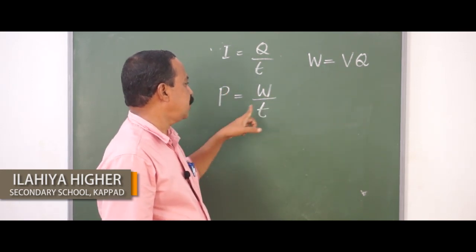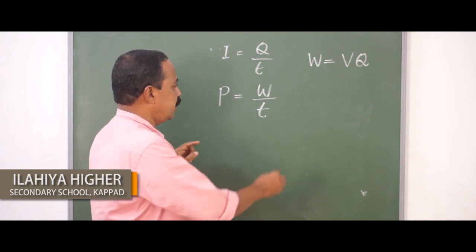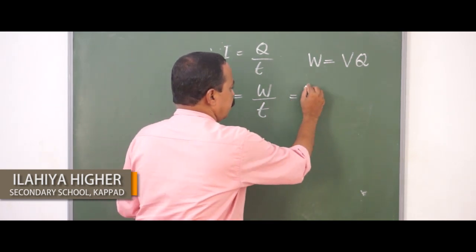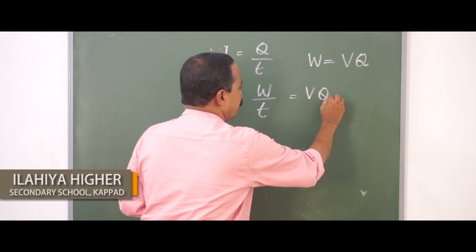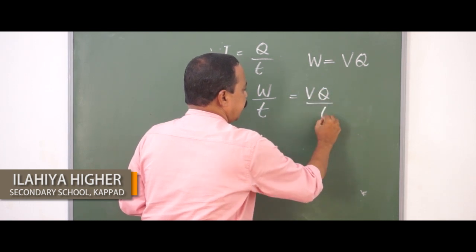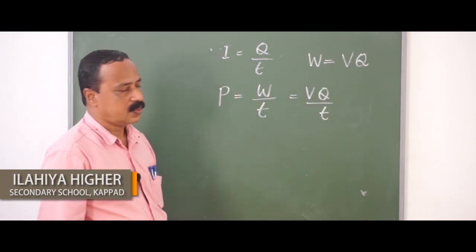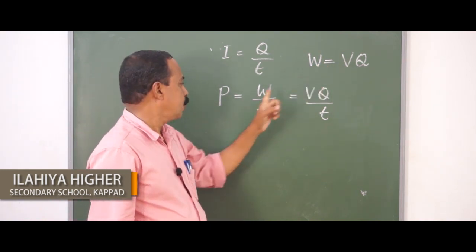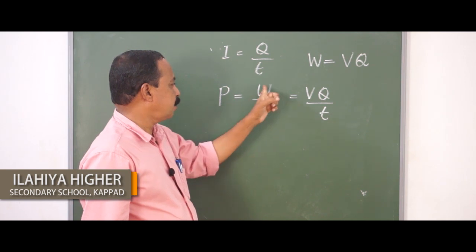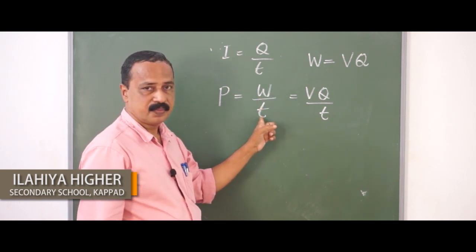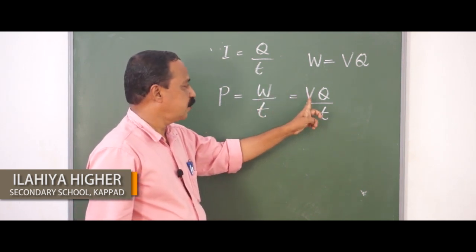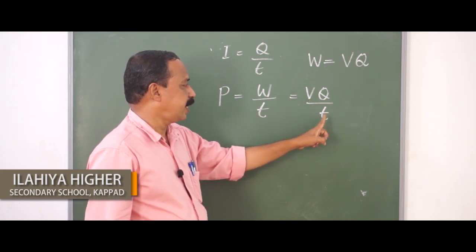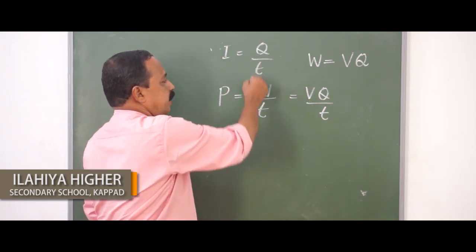Substituting this value in this equation, power equals W by T equals V into Q by T. What is Q by T?